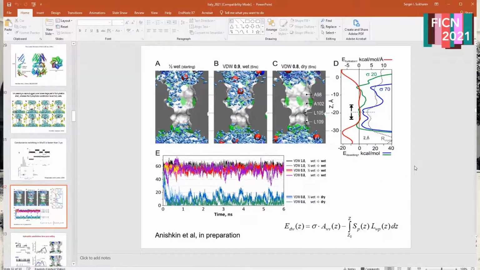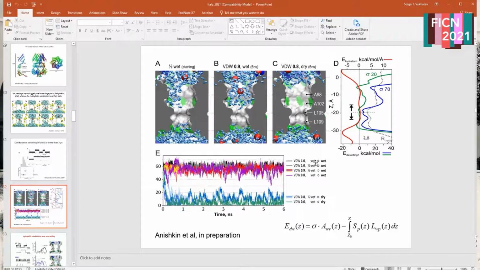Then one day we switched off PME in our simulations and found that the upper chamber, which is also very hydrophobic, not only the constriction itself, can also be de-wetted. So we followed Gerhard Hummer's steps, and we decided, okay, let's vary the depth of the van der Waals well, basically by tweaking Lennard-Jones parameters.